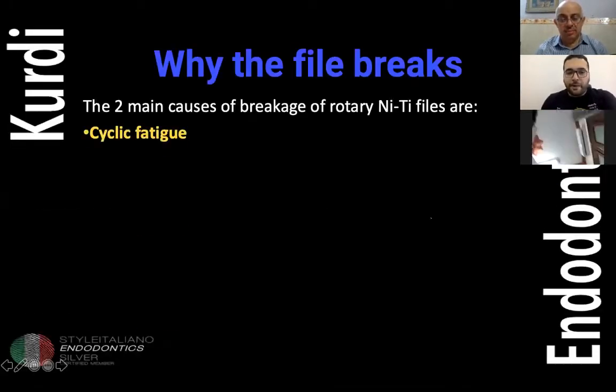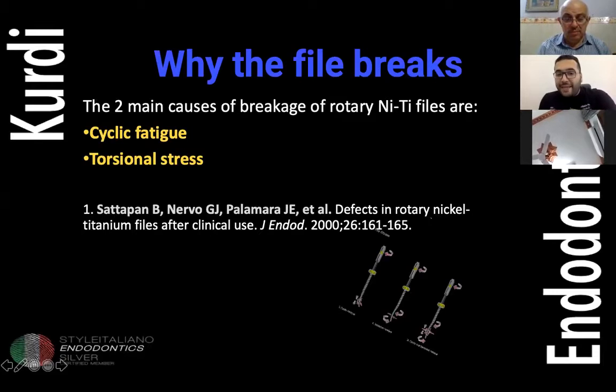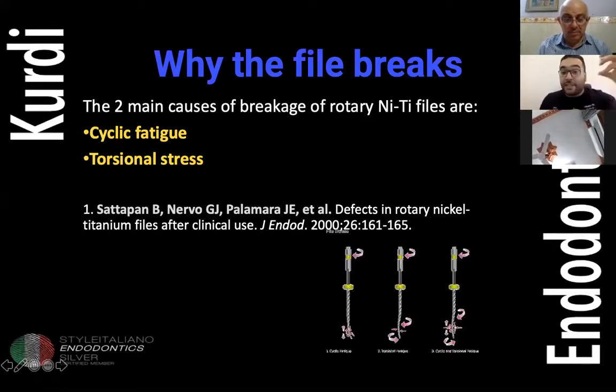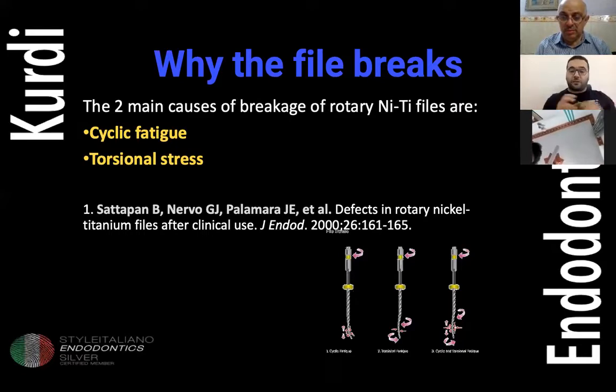All right, so we have two main causes of file separation. First of all, cyclic fatigue, and second, the torsional stresses. Of course, we all know that these are the two main causes of file separation.